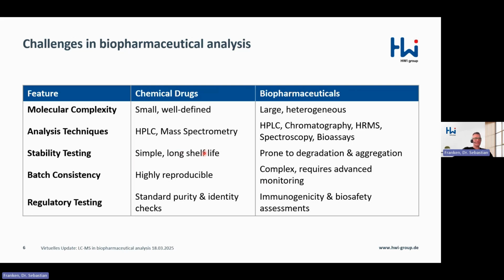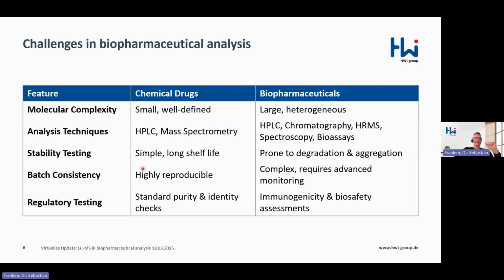We have other challenges. For example, stability is a challenge when it comes to biopharmaceuticals because they are prone to degradation and aggregation. We have variability from batch to batch.